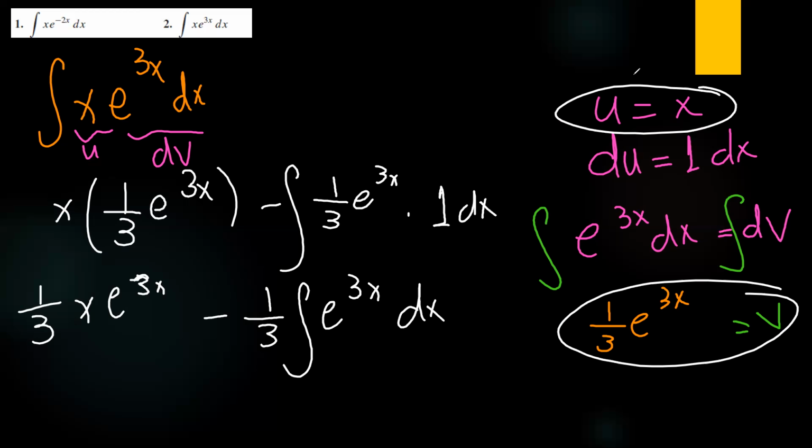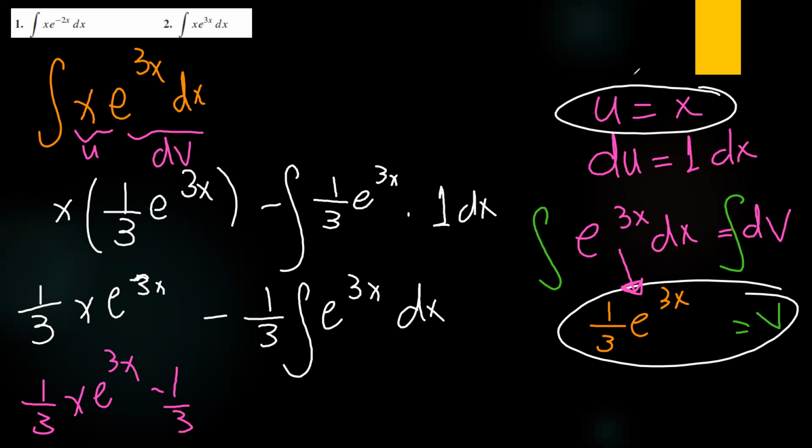Now the first part is already integrated, but we need to integrate the second part. For the integration of e to the power 3x, we already found it, so we will use it.